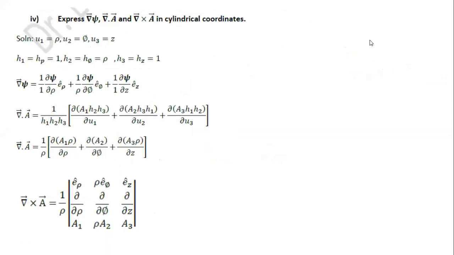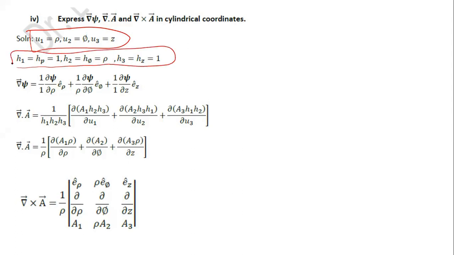Now, this is another simple thing that you have to come across in the cylindrical coordinate system. As I said before, your engineering or physics problem might be simplified if you consider this cylindrical coordinate system, the rho, phi, and z coordinate system. Here we know that the scale factors are 1, rho, and 1.